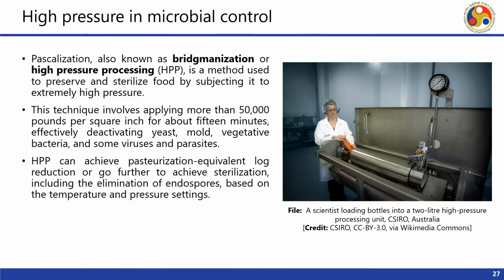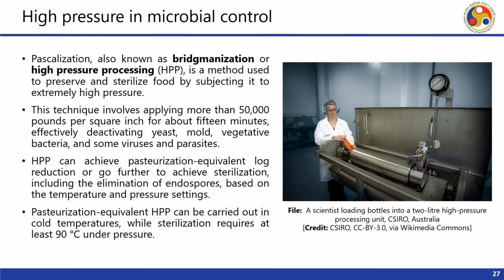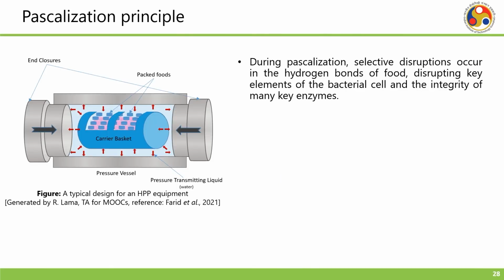High pressure processing can achieve pasteurization equivalent log reduction or go further to achieve sterilization, including the elimination of endospores, based on the temperature and pressure settings. Pasteurization equivalent HPP can be carried out at cold temperatures, while sterilization techniques require at least 90 degrees centigrade under pressure.